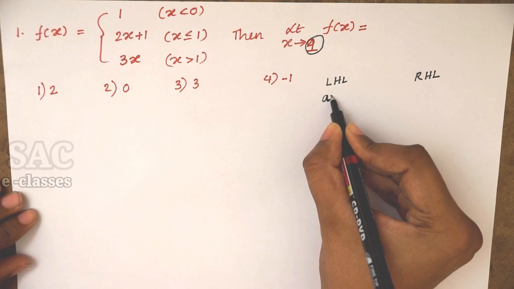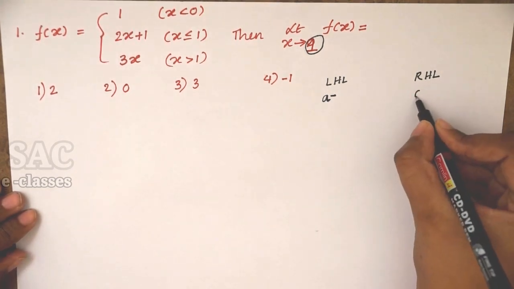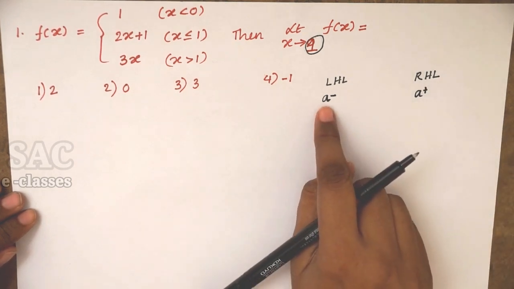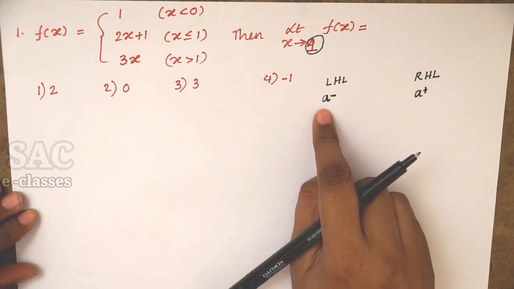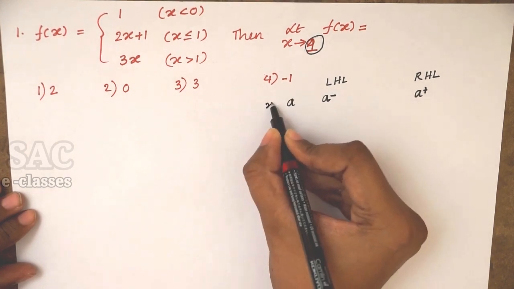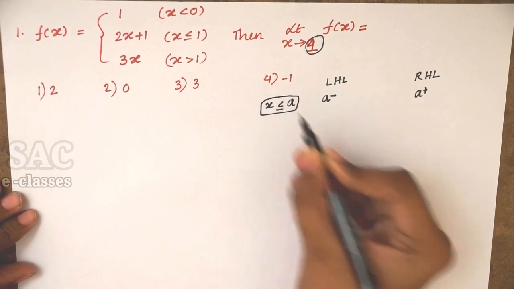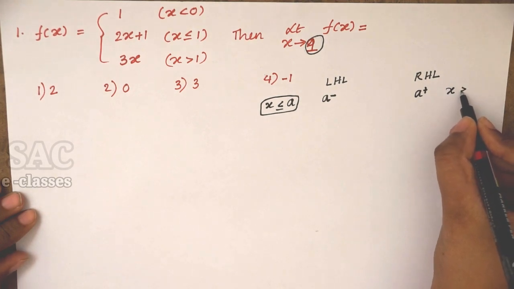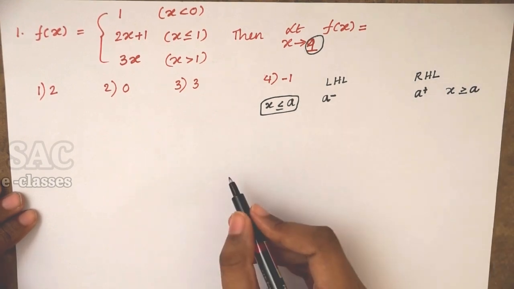Here you should write A minus. Listen carefully, it is not minus A, it is A minus, and similarly A plus. A minus means x is slightly less than A. A plus means x is somewhat greater than A. That is the meaning.